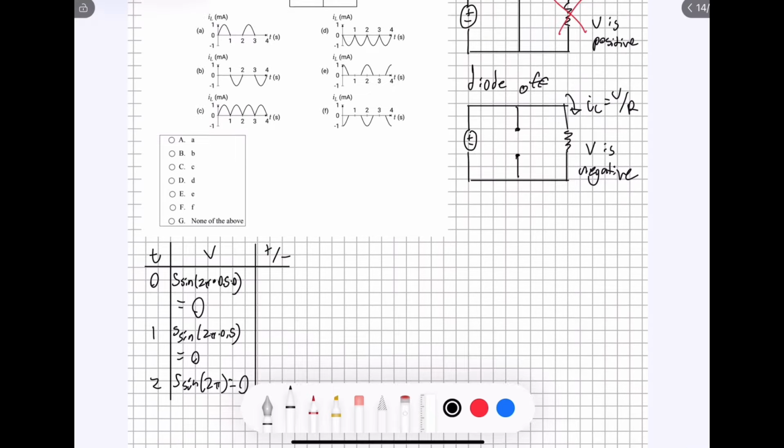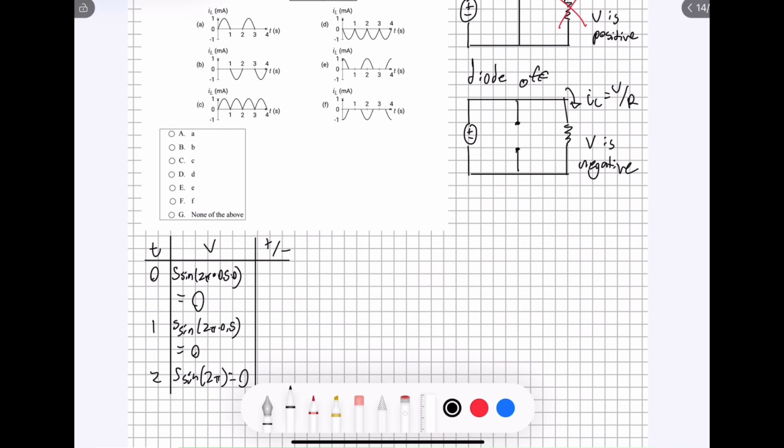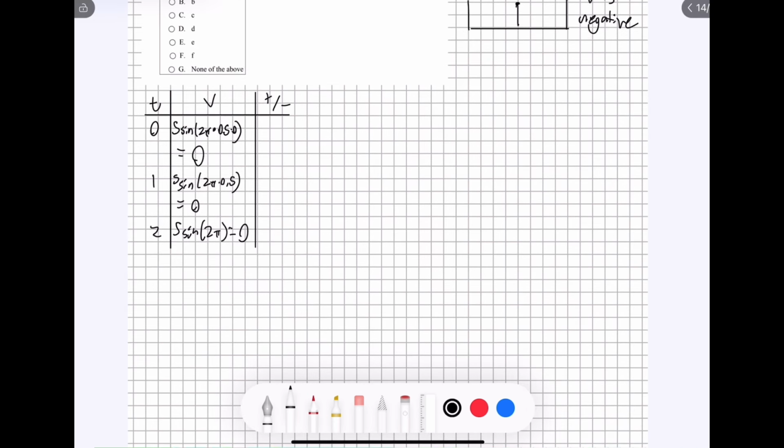But that still leaves us a lot of options in terms of what the other graphs could be, because we don't know the positive or negative behavior. So let's try to determine some of that positive and negative behavior in between these whole numbers. Let's start off with 0.5.